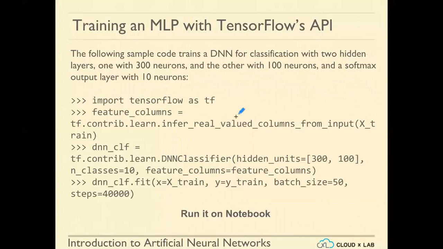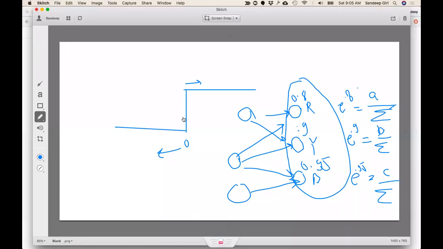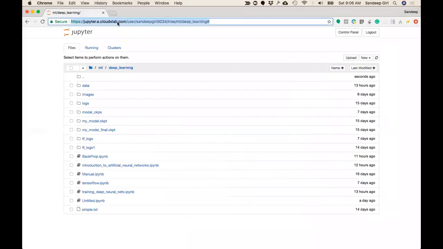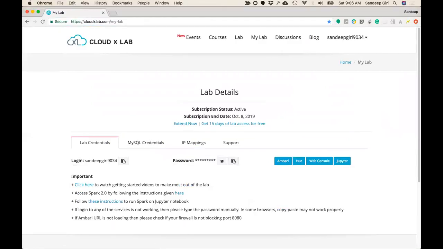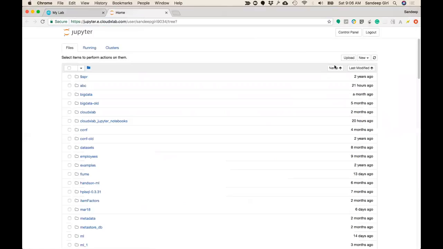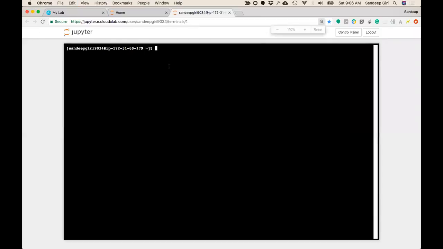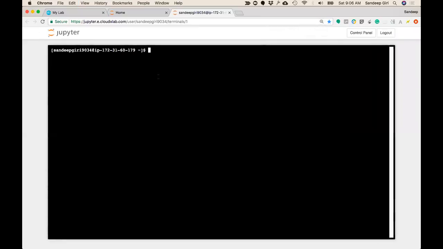So those who have not pulled the repository, please pull the repository. I am in CloudxLab, my lab, and we click on Jupyter, New terminal.